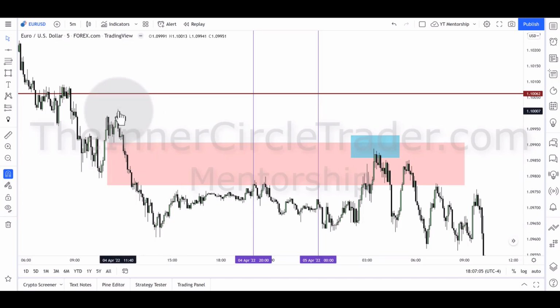What PD array, it's a premium array, is in agreement with this optimal trade entry price range and inside that time window of the London Open? What's this?